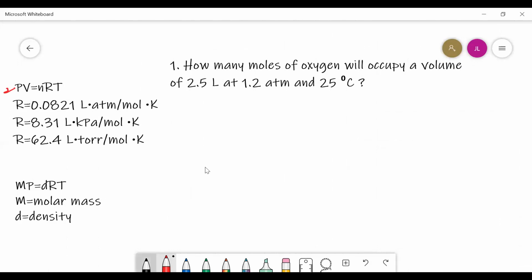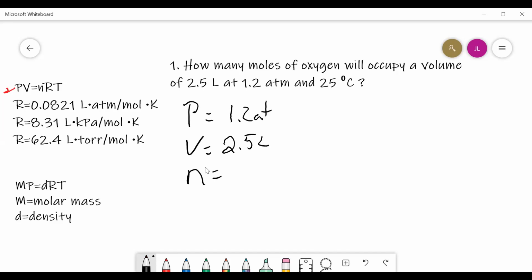Let's set up my variable box. P in this case is 1.2 atmospheres. Volume is 2.5 liters. We're looking for n. We don't know what that is.